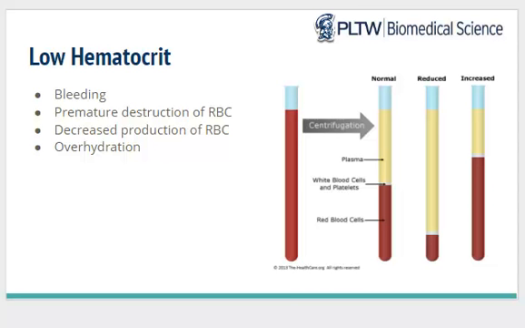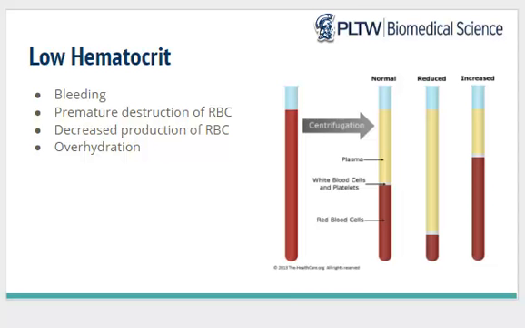In addition, our third point, decreased production of red blood cells. There's a lot of ingredients that are required to make a red blood cell. Iron, either through your diet, your body has to absorb that iron to make the hemoglobin so your red blood cells can be made. There's a lot of factors that can influence the whole production of red blood cells, that whole erythropoiesis process.